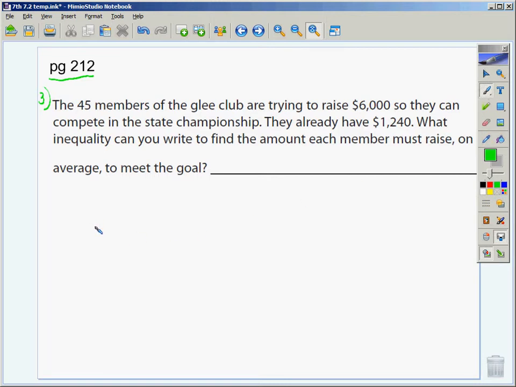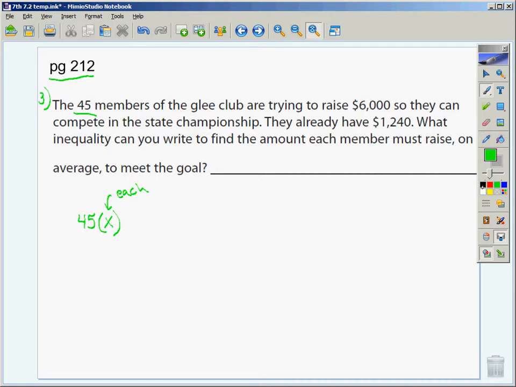No. On an average. So every person needs to raise the same amount. So we're going to take 45 and multiply it by some dollar amount, because there's 45 members and I want to know how much each needs to raise. Everybody with me that far?